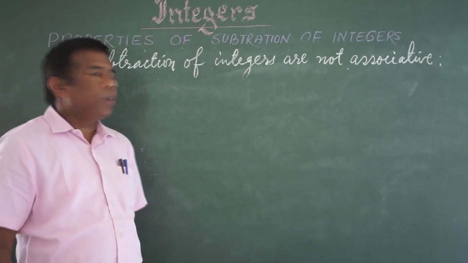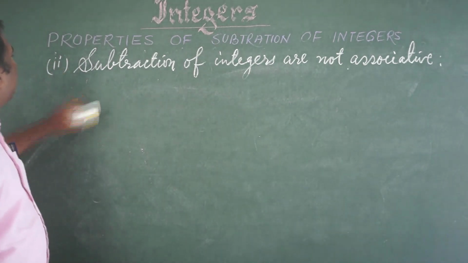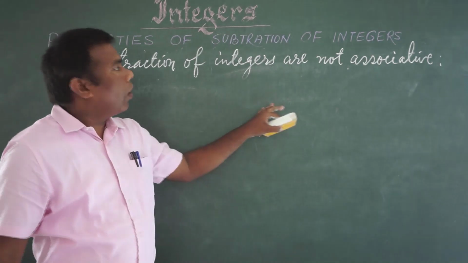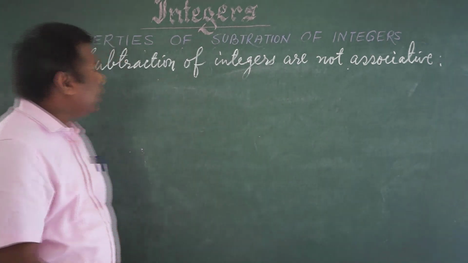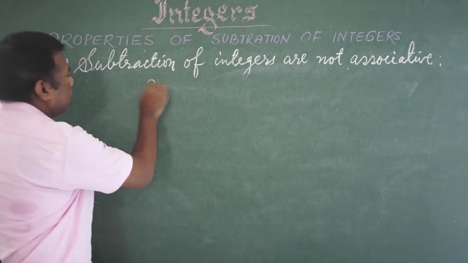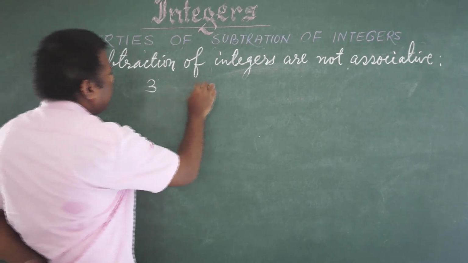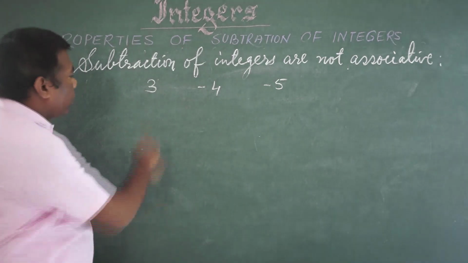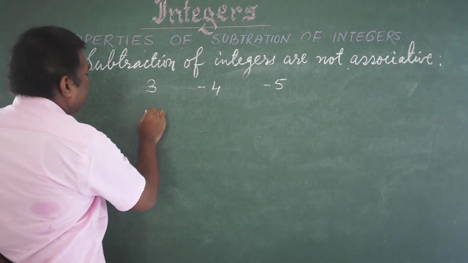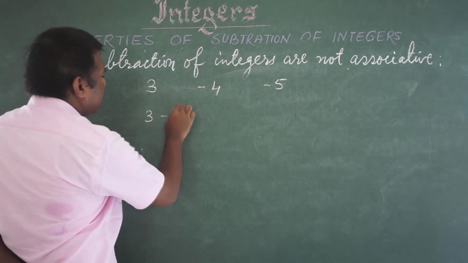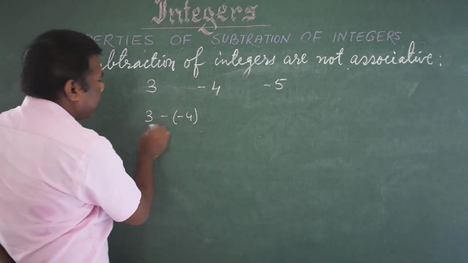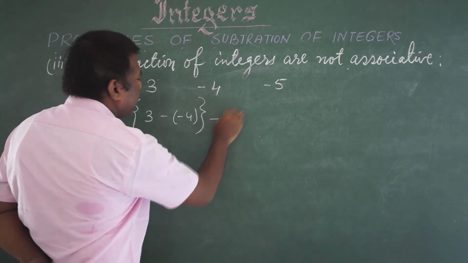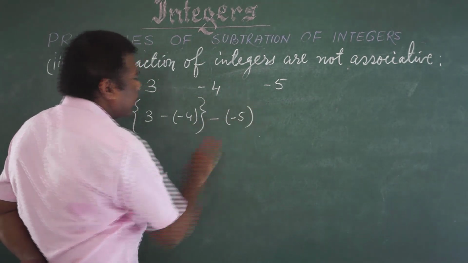Okay. Here you see, next property we have, subtraction of integers is non-associative. What does it mean? Suppose any three integers you take, 3, minus 4 and minus 5. If you write 3 minus 4, that means a minus b, and then minus c, meaning minus 5.